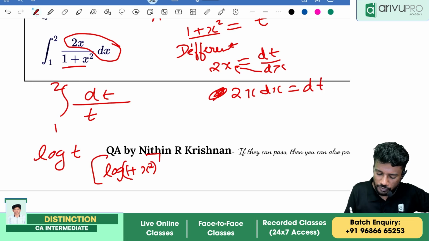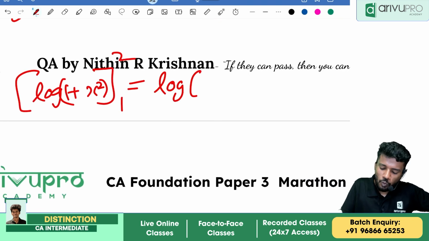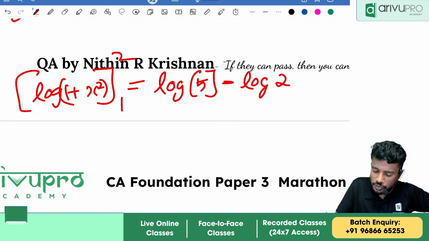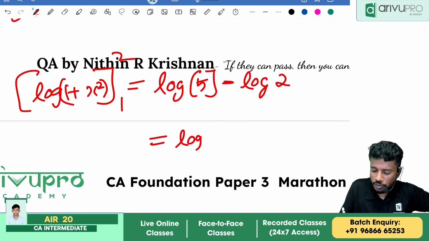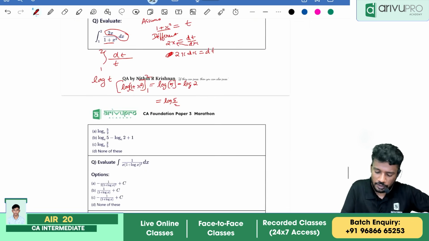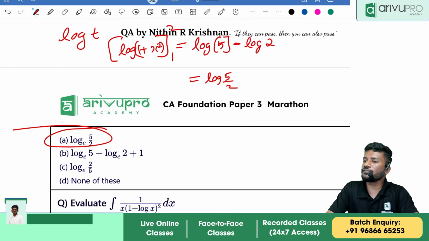The entire thing is from 1 to 2. Apply the limit. Log of 1 plus 2 square is log 5, minus log of 1 plus 1, which is log 2. So the answer is log of 5 by 2. Option A, log of 5 by 2.